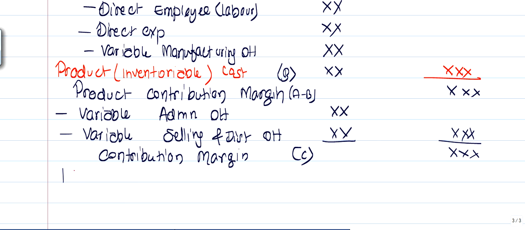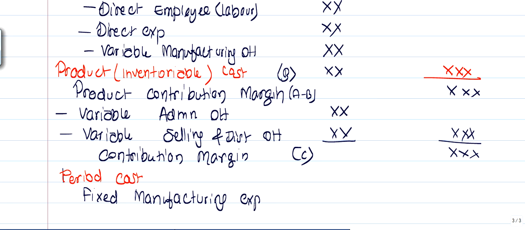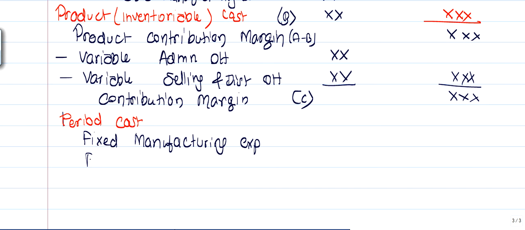Then we can calculate period cost, that is with regard to the fixed cost. Fixed manufacturing expenses, fixed non-manufacturing expenses.